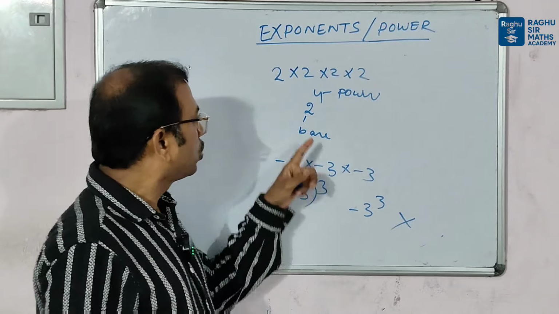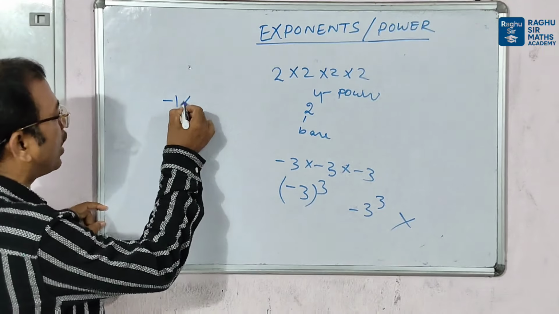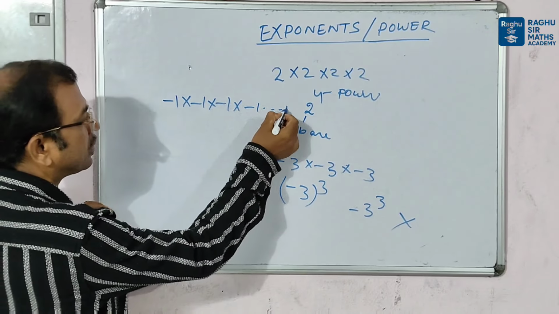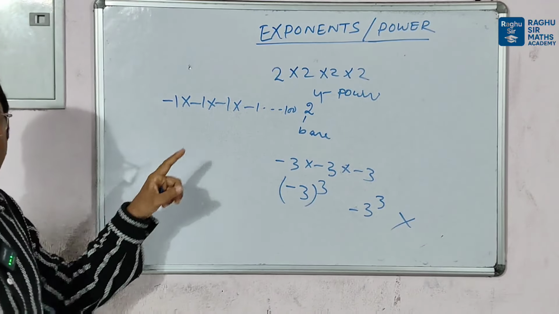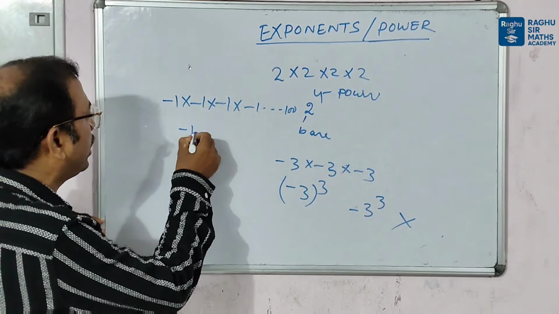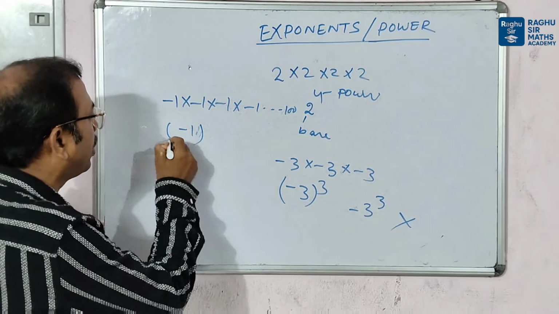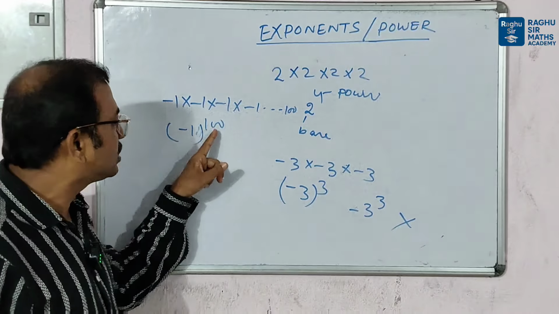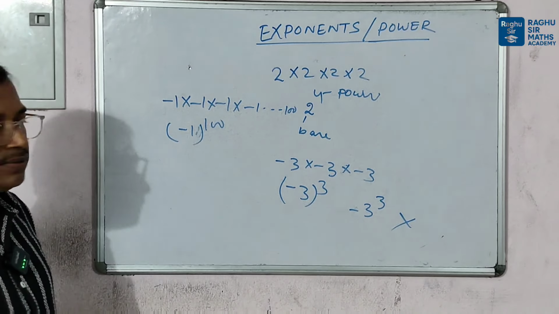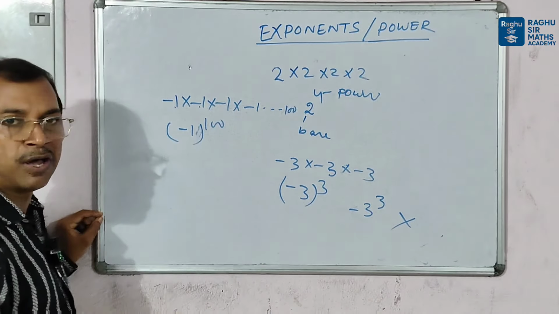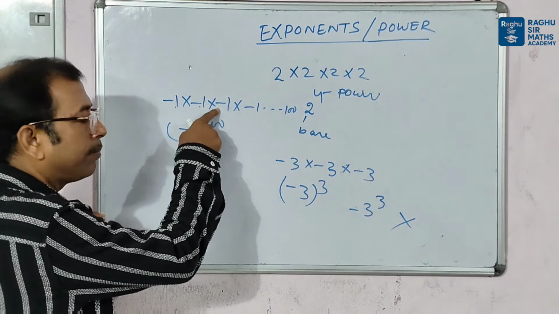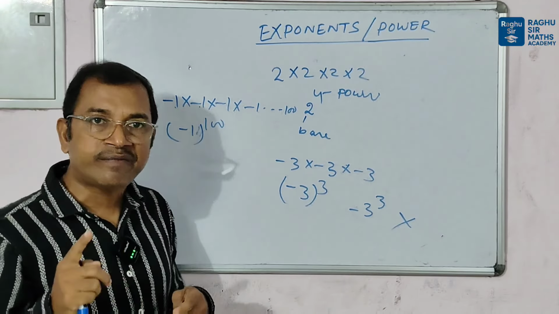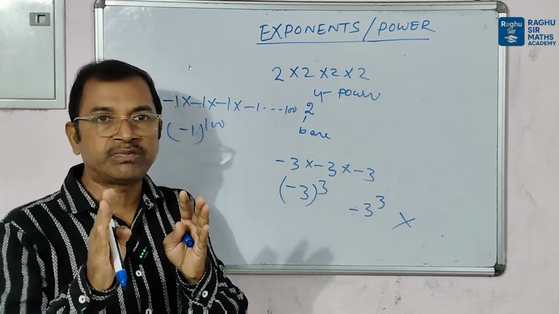Okay. So suppose minus 1 into minus 1 into minus 1 and so on, 100 times. How can you write it? Minus 1 to the power 100. So when minus is multiplied an even number of times, like minus into minus is plus, again minus, minus again minus, plus, the result is always positive.